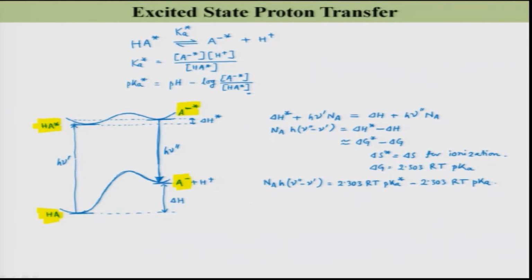So, I can simply write that pKa star minus pKa is equal to Avogadro number, Planck constant, nu double bar minus nu bar. This nu double bar is the emission frequency of the A minus, and this nu bar is my absorption frequency of this HA.